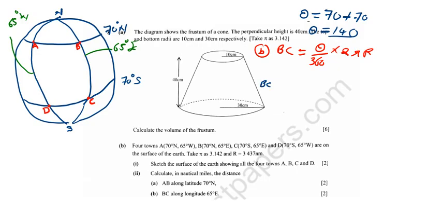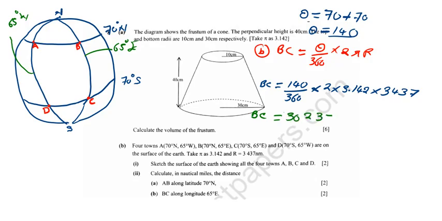So we can go ahead and find BC. BC is equal to theta, 140 over 360 times 2 times pi, 3.142, times r, 34.37. When you multiply 140 times 2 times 3.142 times 3437, we are getting 3,023,375.12 over 360.